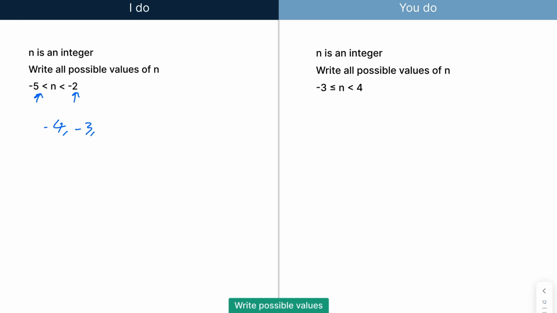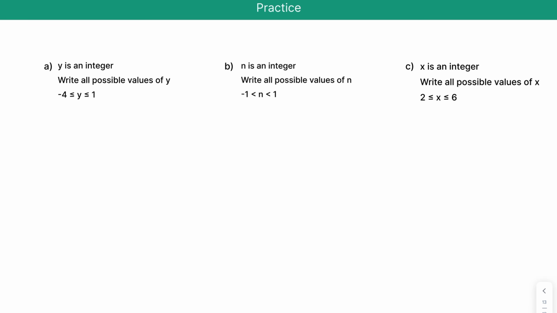Again, hopefully you've pressed pause and had a go at the example on the right. Here I'm going to start off at -3 because it's inclusive. Then we're going to go -2, -1, 0, 1, 2, 3, and we're going to stop just before 4 because there isn't an equal to symbol on here. So here's some practice questions. Press pause and have a go. Here are the answers. Mark your work.